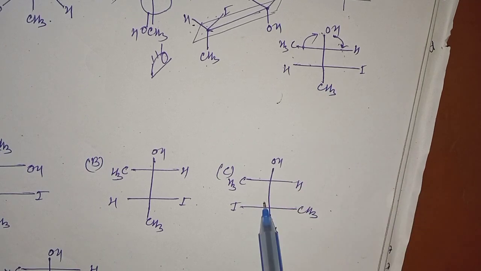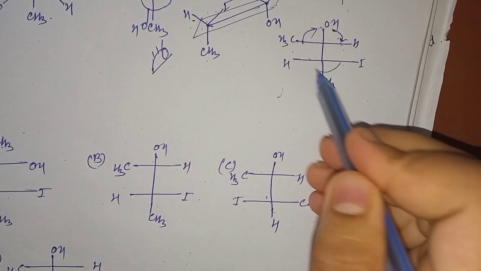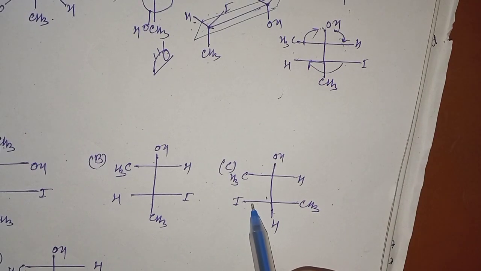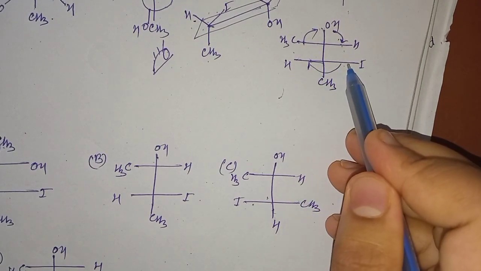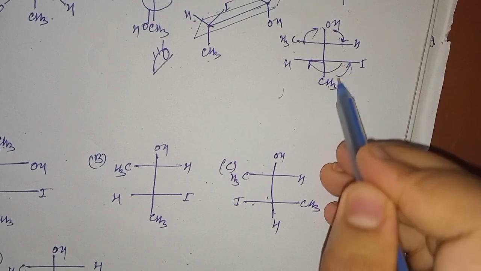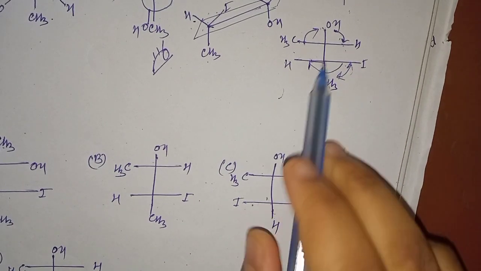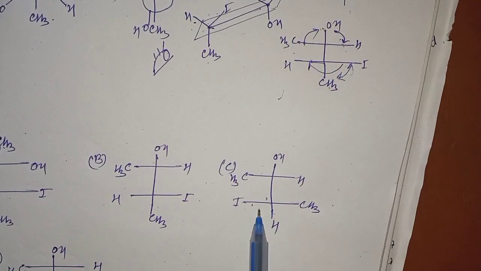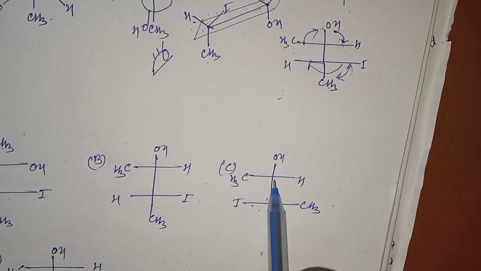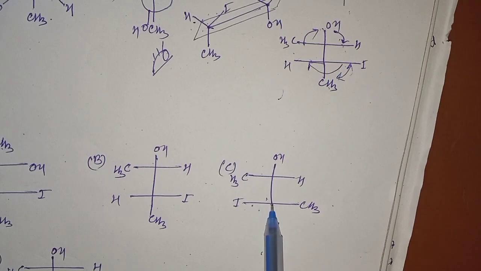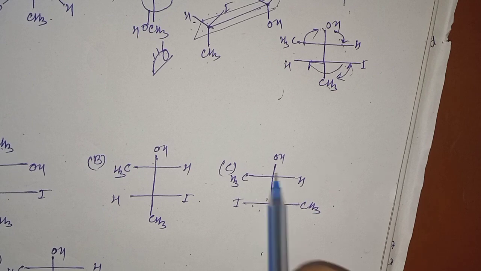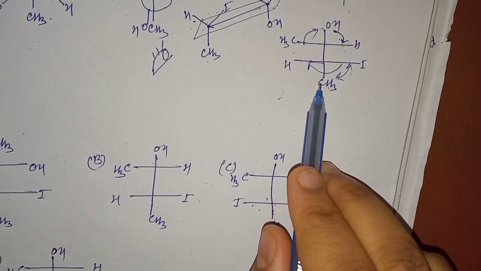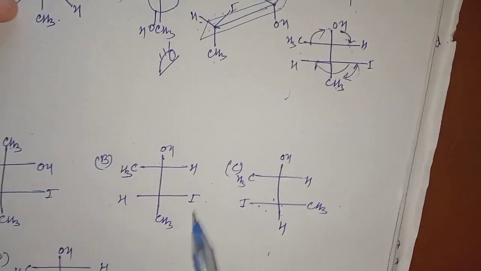But for the bottom carbon atom, notice that this iodine is coming here, and when the iodine comes here, hydrogen goes there, and then hydrogen and methyl group perform one more interchange. So here also we are performing an even number of interchanges with this carbon atom, and the other carbon atom is the same. So this structure is also the same, nothing is different between these two.